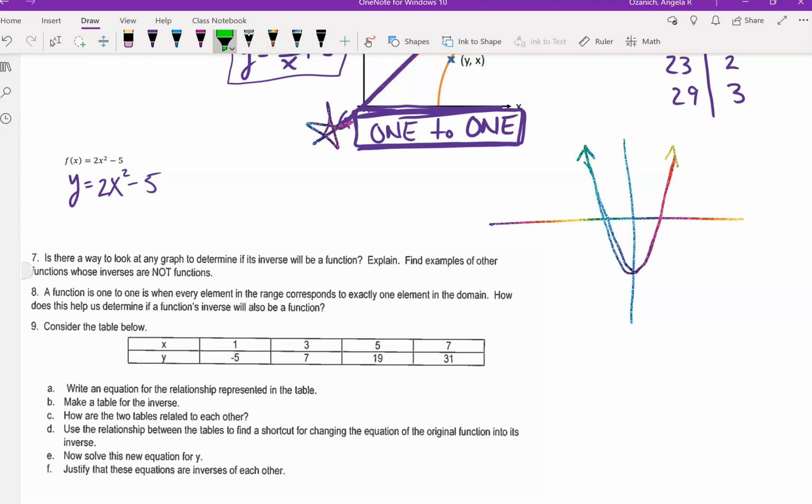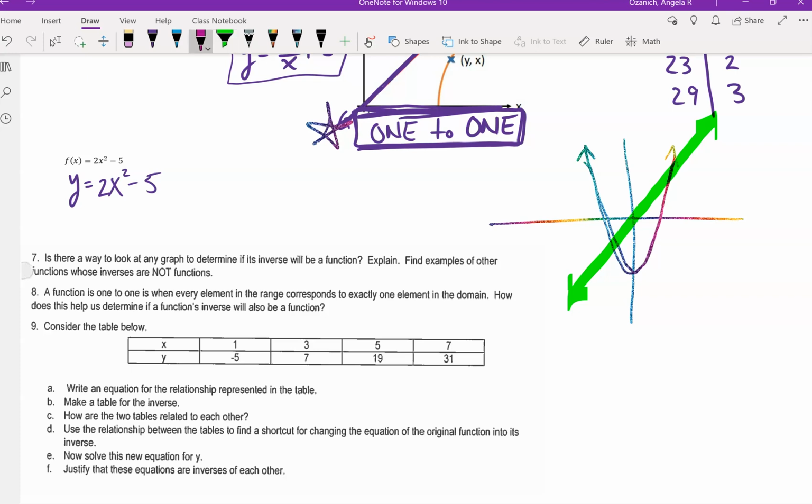As you imagine reflecting this over the line y equals x, what ends up happening is you end up having a situation where you actually don't have a function. So it would end up looking like this.